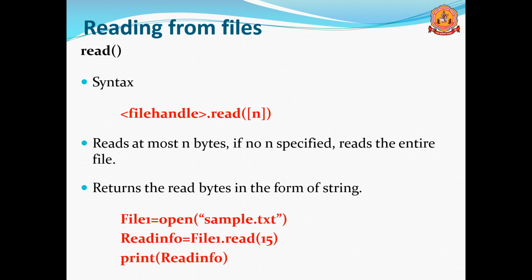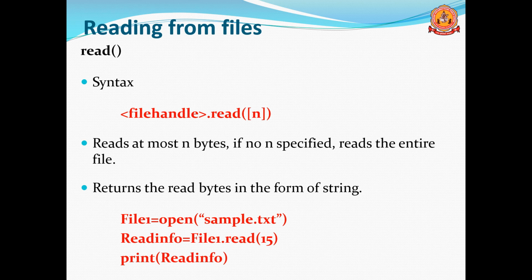It returns the read bytes in the form of a string. Remember, after reading, all the data will be returned in the form of strings. You can see one example here: file1 is the file handle object, or file object, equal to open sample.txt.